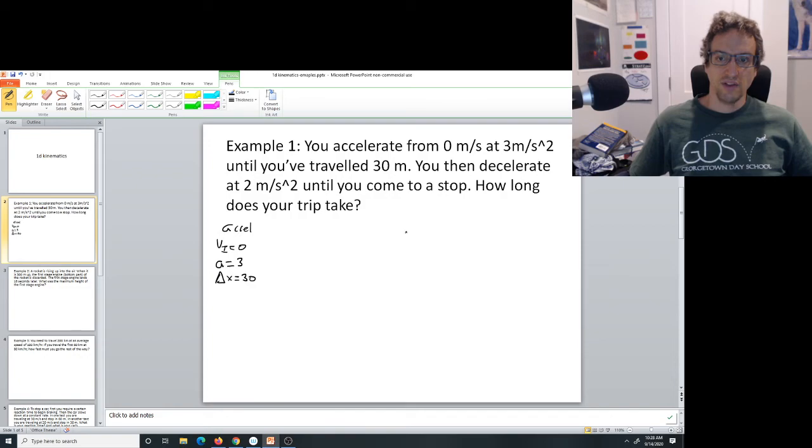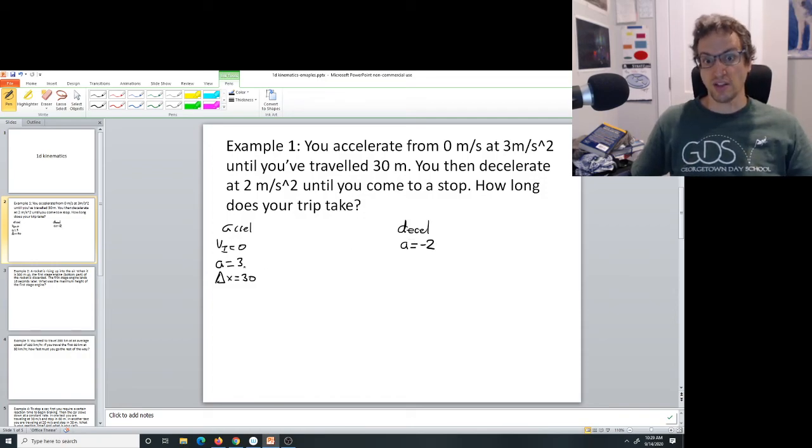And then for the deceleration part, if it's deceleration, we'll say acceleration is -2, because I think we're assuming at this point that the initial acceleration is positive, so the second acceleration should be negative. And because it's coming to a stop, v final equals 0. But so far, that's all we know.